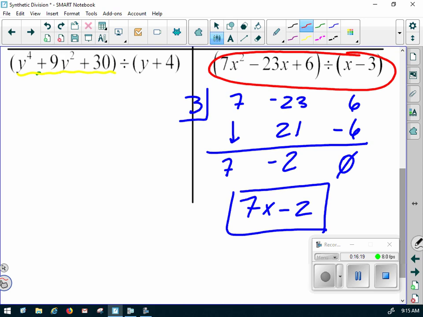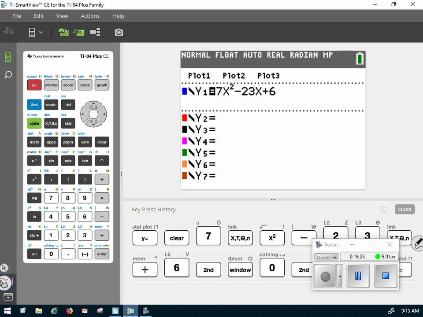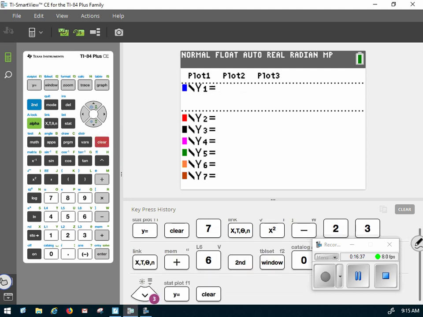Just make it say x to the 4th plus 9x squared plus 30. We're going to go back and we're just going to clear out the first equation. And I can't remember what it said. X to the 4th plus 9x squared plus 30.